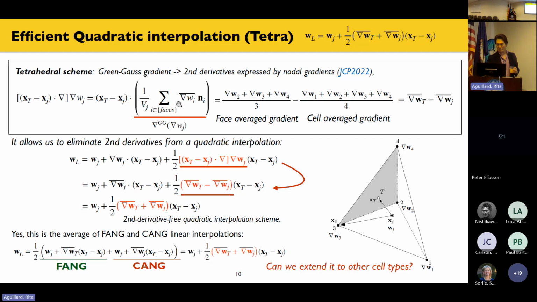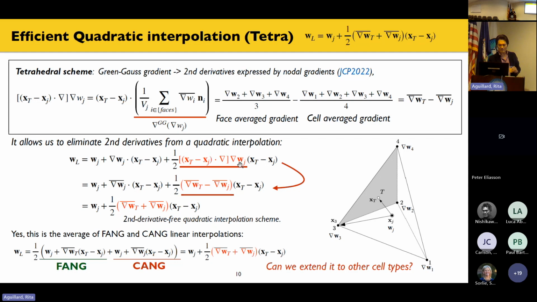And then you can do some simple algebra, and you figure out that this is actually the face average gradient over this face minus the cell average gradient. So it can be written in this form. So the second derivative term can be expressed only in terms of gradients at nodes. And using this identity, you can write this quadratic interpolation. Here is the curvature term.